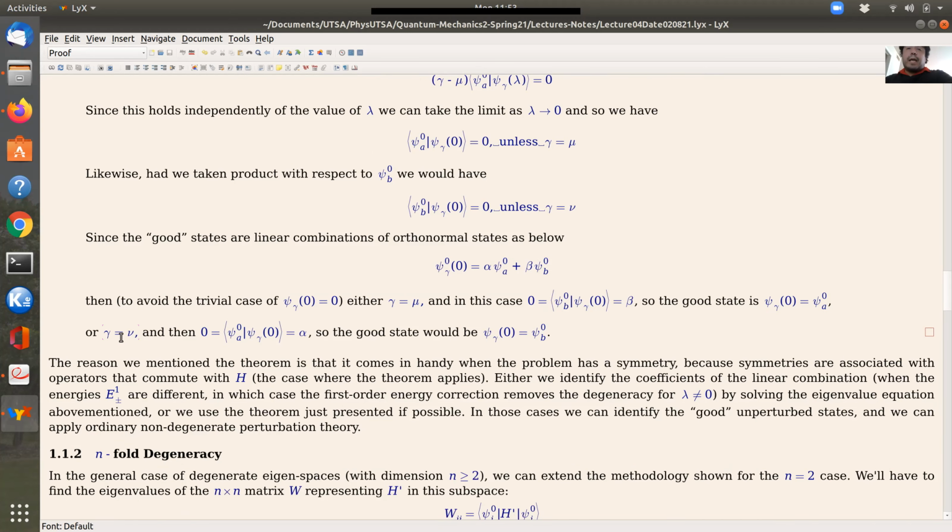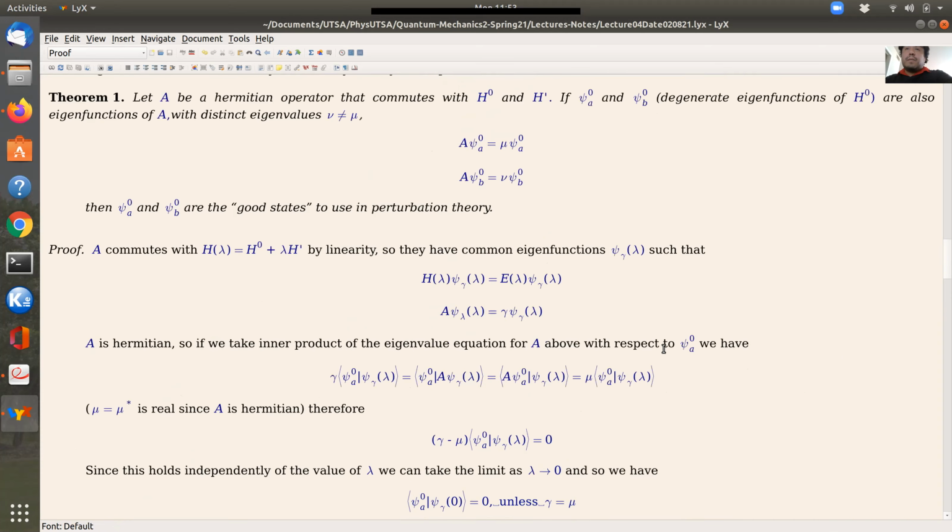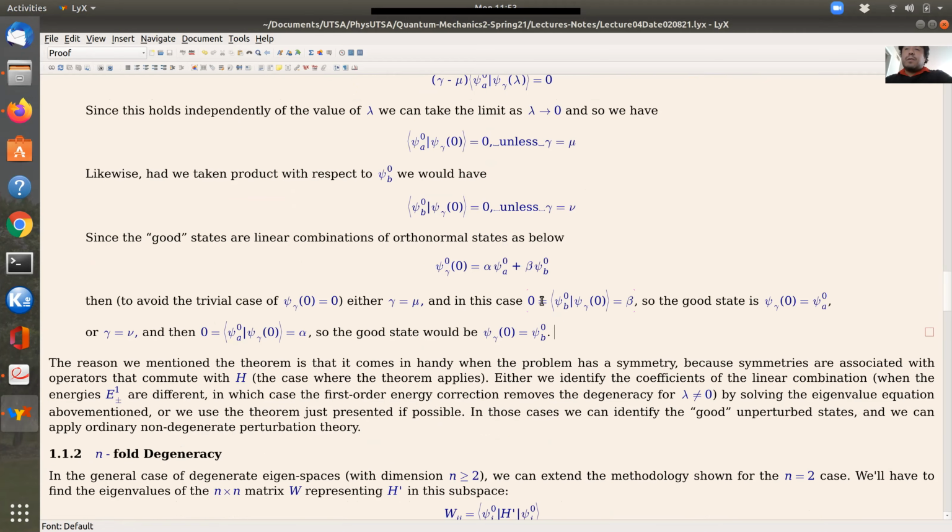Or in the other case, if gamma is equal to nu, then the inner product with respect to psi 0a should vanish, and that means that the alpha coefficient should be 0, since we have this expansion in terms of these spaces. And so the good state would be psi 0b. So this is proving the theorem. These are the good states to be using.